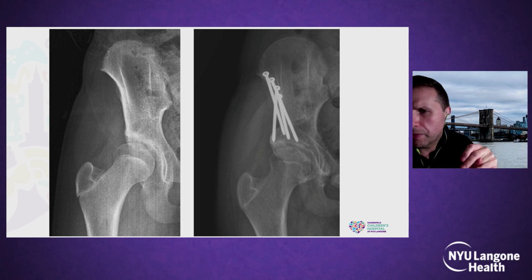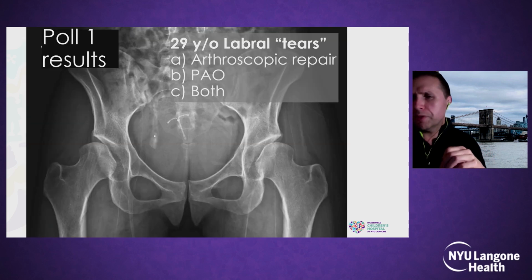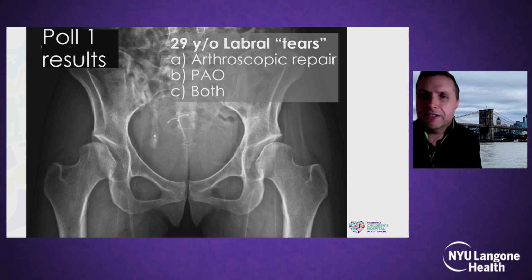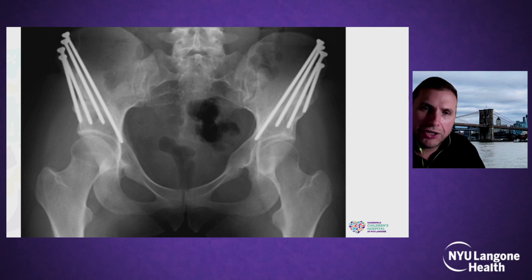So let's go back to the poll, and I see the results here, which says most people said both. So 7% said arthroscopic repair, 21% PAO, and 71% said both. Well, I'm a little biased, as Tom says, because I do open surgery and I don't do scopes. And because I've had good success doing the PAO, I chose to do bilateral PAOs without doing the scope.